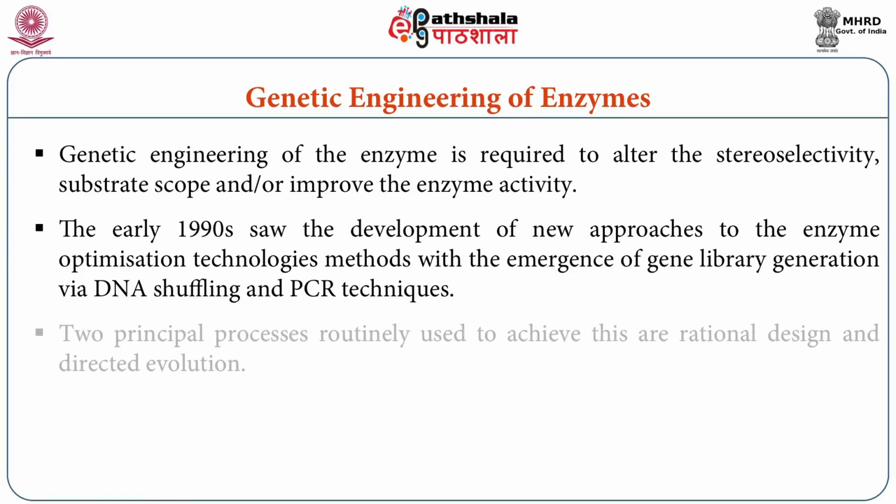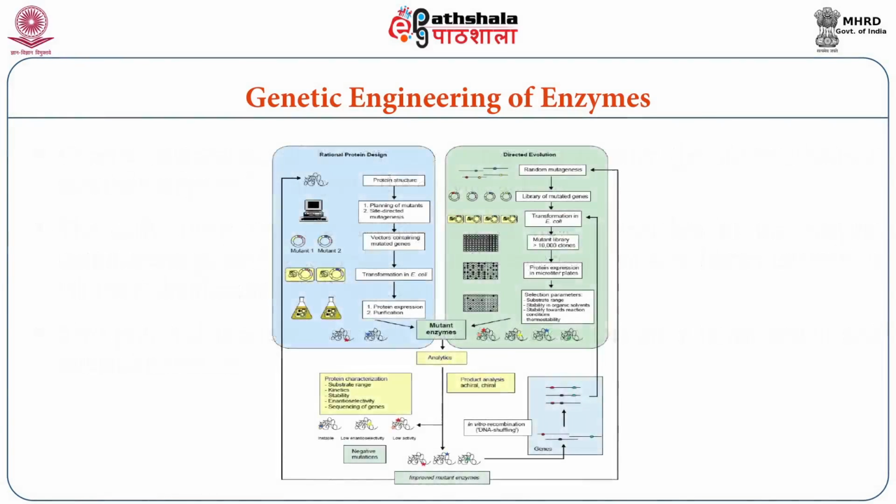The two main processes that are routinely used to achieve this are rational design as well as directed evolution. We will see in the next slide how these processes are used to get genetically modified enzymes. You can see in this diagram both the processes, that is rational protein design and directed evolution, and how we can get improved enzymes, or genetically modified enzymes, for specific purposes.